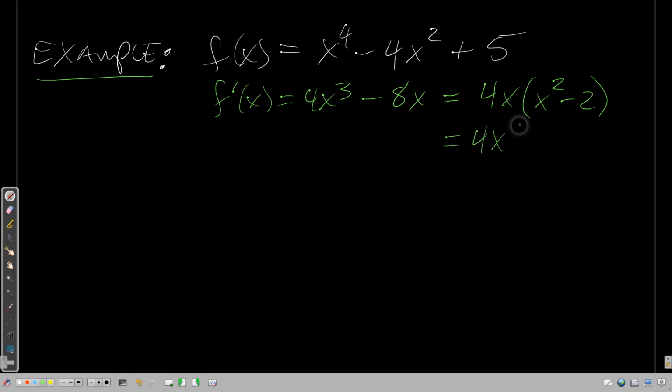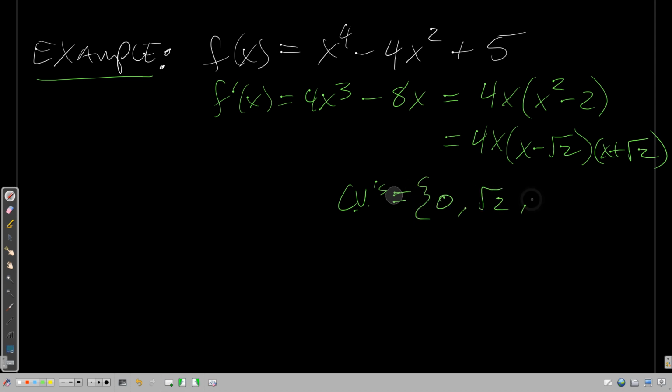And it factors even further as 4x times x minus root 2 and x plus root 2. Then I can see that my critical values are 0, root 2, and negative root 2. I make my number line drawing with all those values.